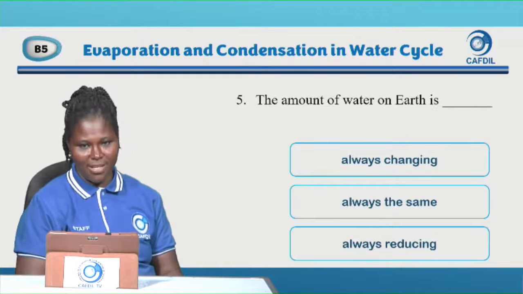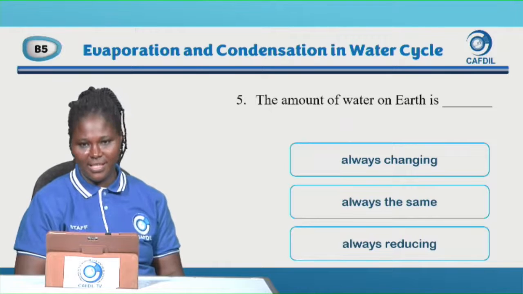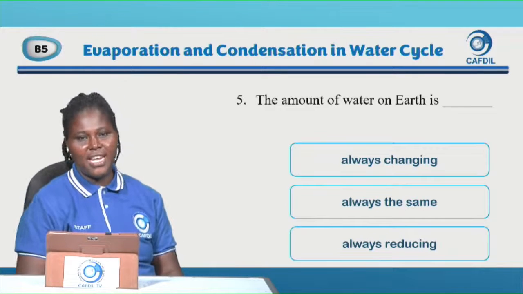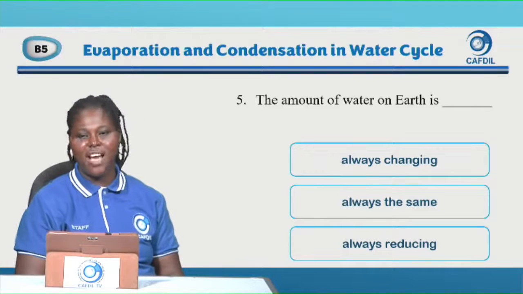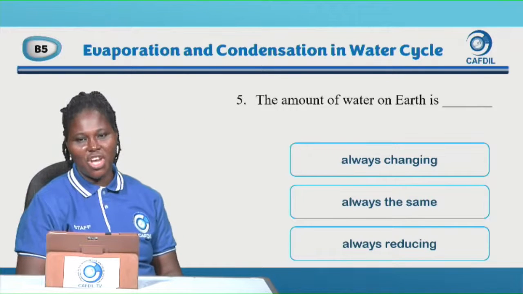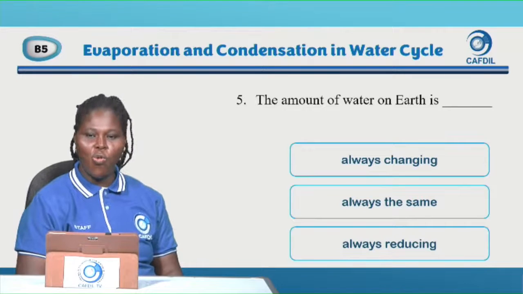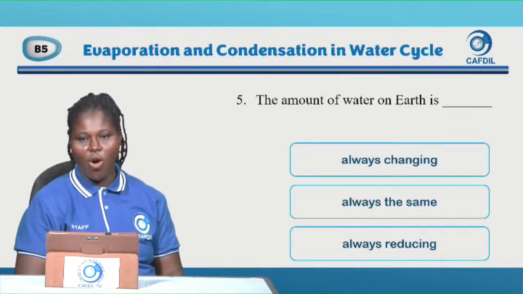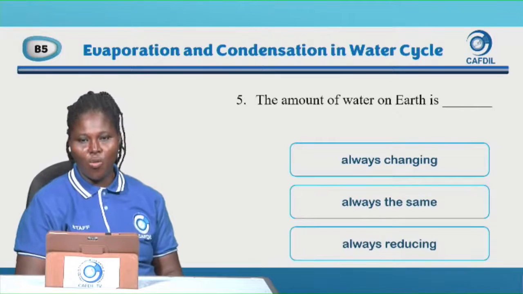The last question. The amount of water on earth is dash. Always changing, always the same, or always reducing.